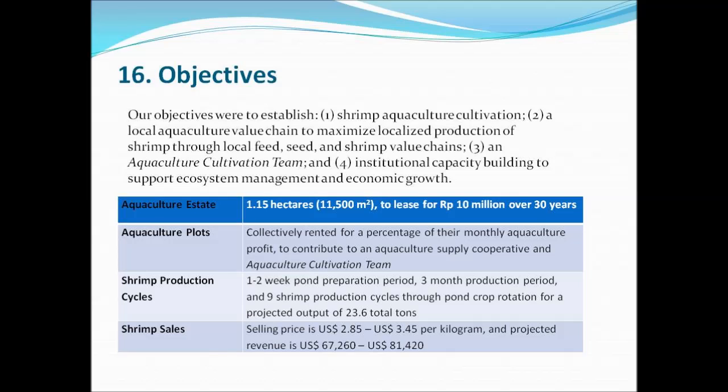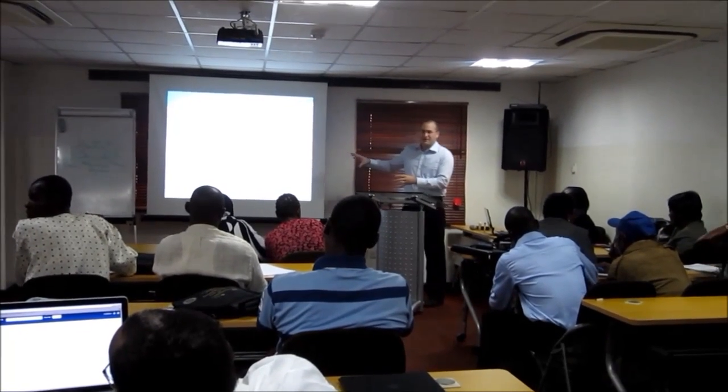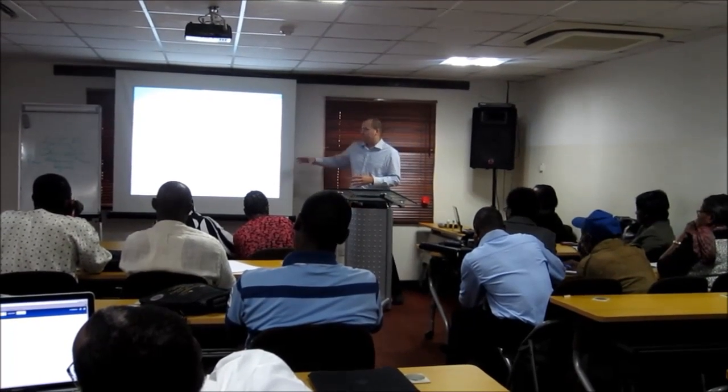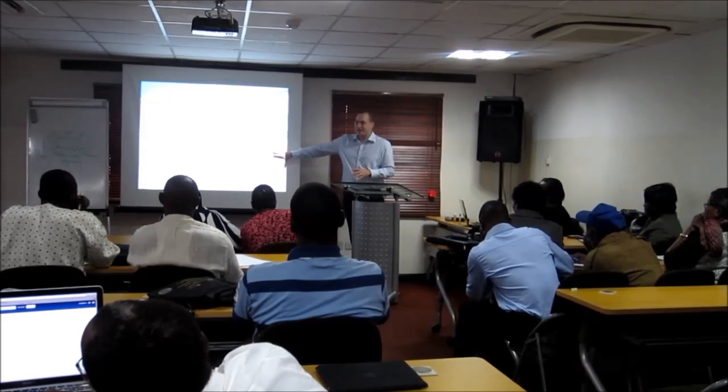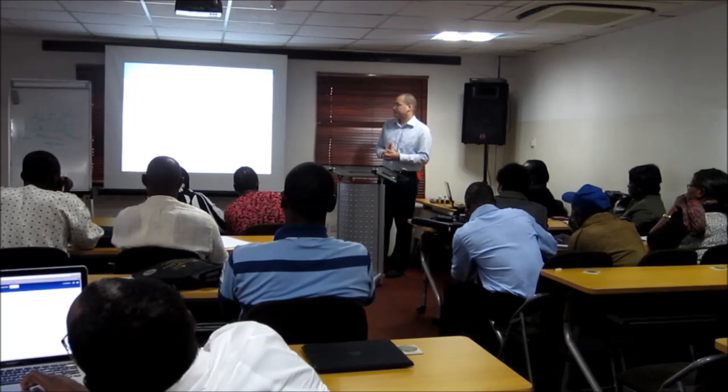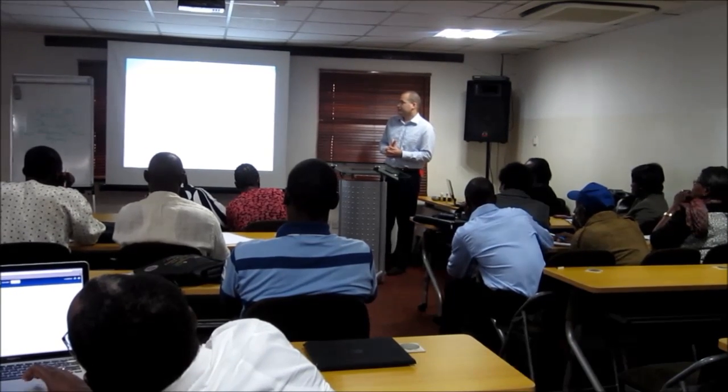And then this was just some of the numbers: 10 million rupiah, that's about $1,000 US, that we were going to pay the district government for the rights, so we can have user rights over this area. Aquaculture plots collectively rented for a percentage of the monthly aquaculture profit. And shrimp production cycle: a 1 to 2 week pond preparation period, a 3-month production period, and 9 shrimp production cycles through pond crop rotation for a projected output of 23.6 total tons.